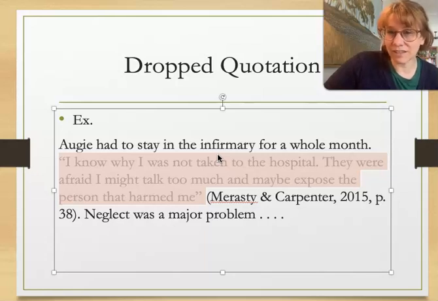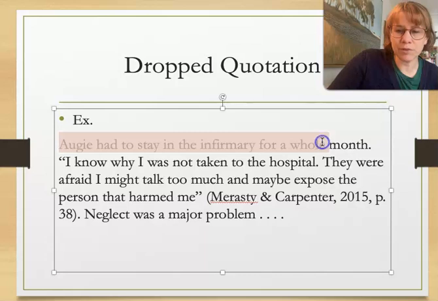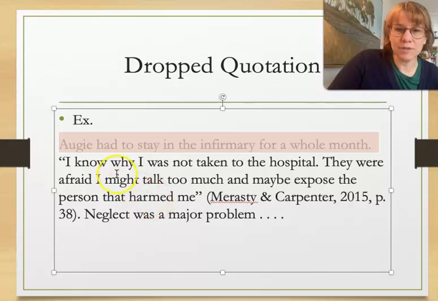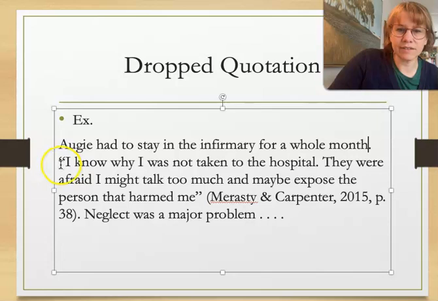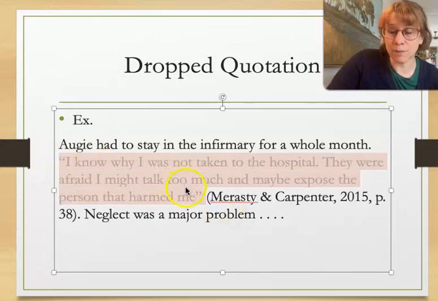It's not integrated properly, and it's just there without any introduction or context. But if you notice, this sentence does provide context. It describes what the quote is going to elaborate on. It says Augie had to stay in the infirmary for a whole month, and then it gives us the information about that moment in the book.